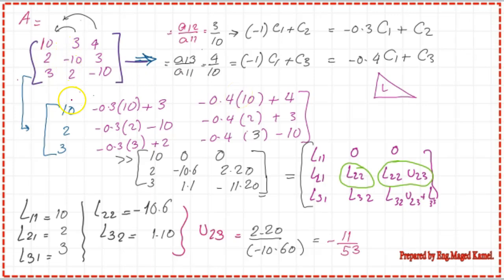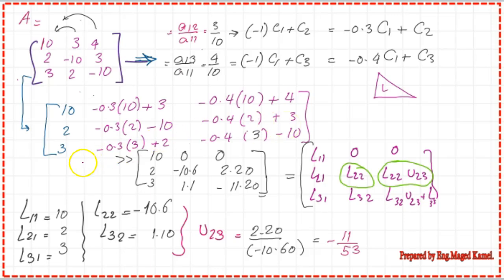The matrix A will become 10, minus 0.3 by 10 plus 3, and minus 0.4 by 10 plus 4. And basically, when we multiply by C1 and add to the second column, the other elements will be affected. For the second row, we have 2, minus 0.6 minus 10, followed by minus 0.4 by 2 plus 3.